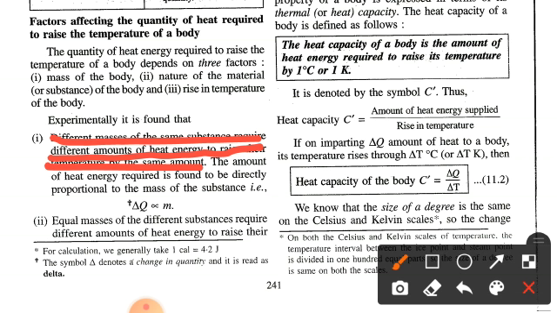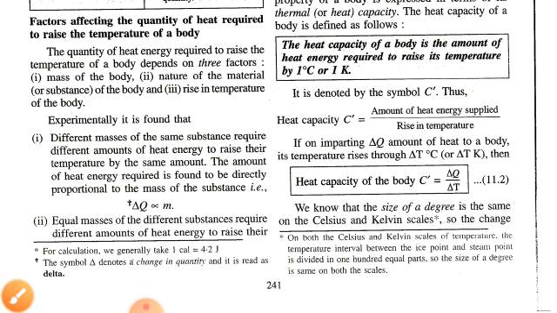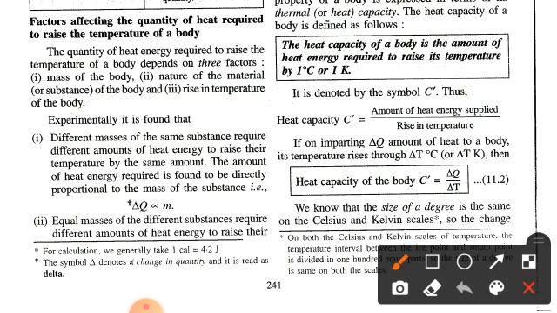Clear? So that is what is written here. The amount of heat energy required is found to be directly proportional to the mass of the substance. Fine. So here you can see delta Q, the change in heat, is proportional to the mass.